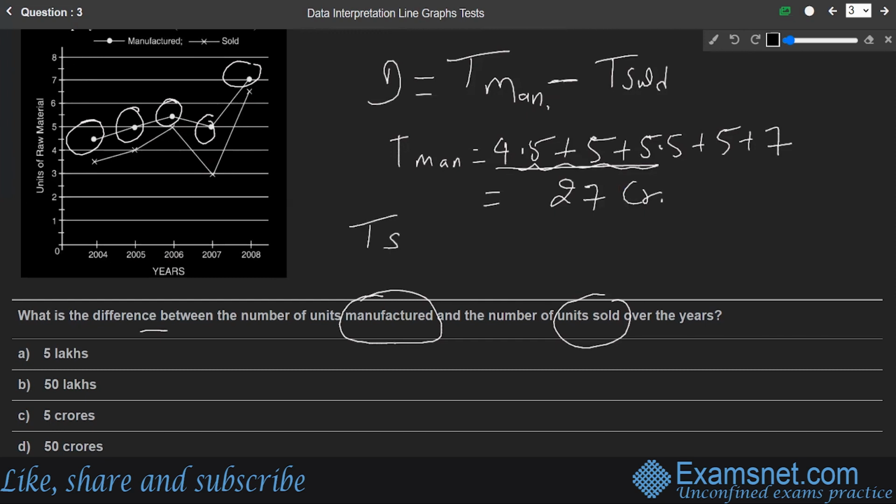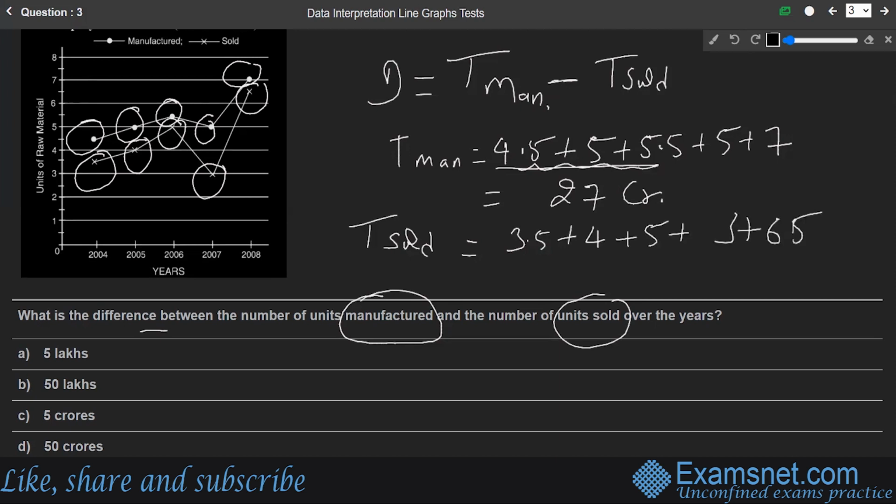Let us find out the total sold value. For that we need to add the values of the crosses. So the values are 3.5, 4, 5, 3, and the highest value 6.5. If we add them together, the total comes out to be exactly 22 crores.